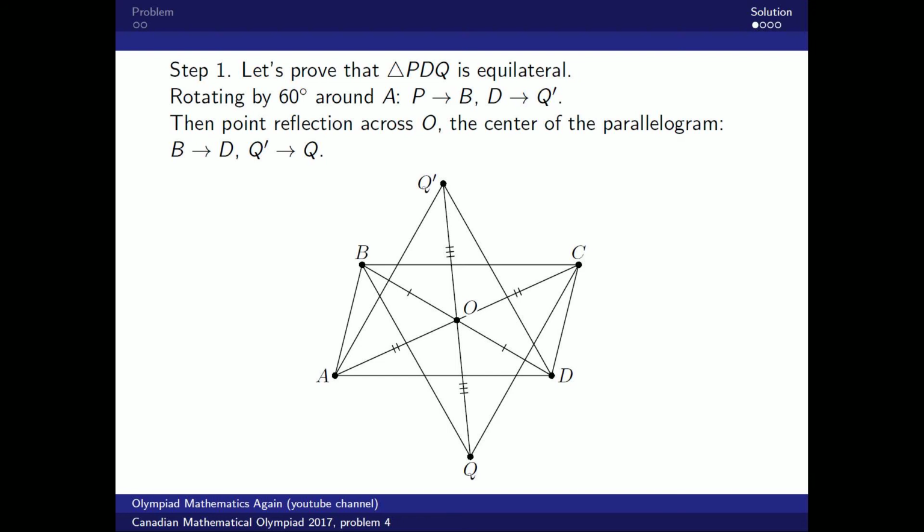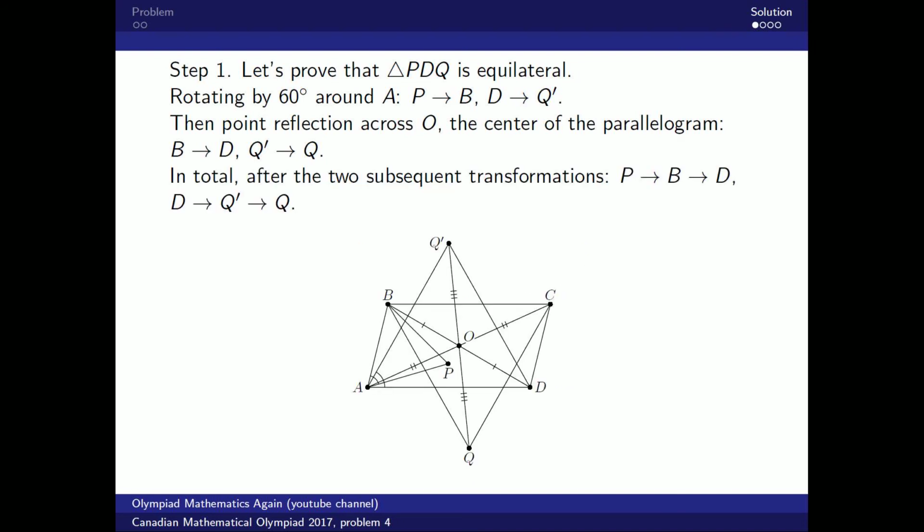Under this point reflection, B of course goes to D, since one vertex of the parallelogram goes to the opposite vertex, and then Q prime goes to Q, because the triangle ADQ prime is symmetrical to BCQ across point O. Now if we combine these two transformations, the point P goes first to B and then to D. So in total P goes to D, and point D first goes to Q prime and then to Q. So in total D goes to Q.